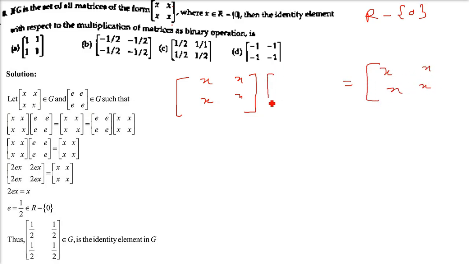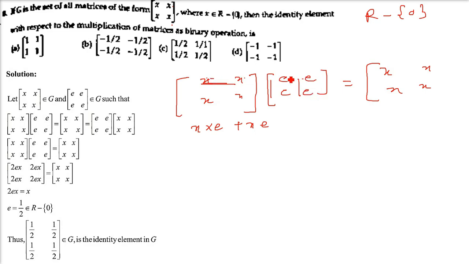So we'll apply this identity element. We normally write it with E. Why are we writing all four entries as E? Because it also belongs to that same matrix form. So for the first row and first column, we get x into E plus x into E. If you take the first row with the second column, it gives the same result.